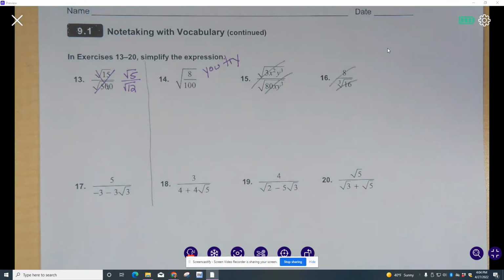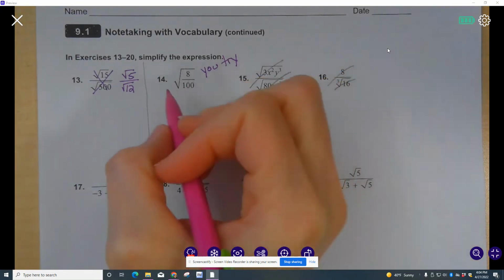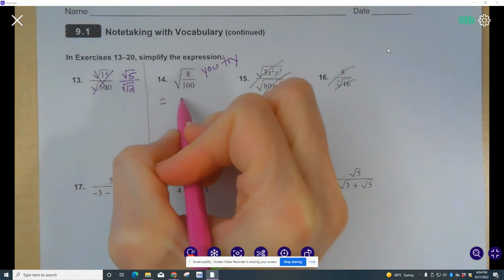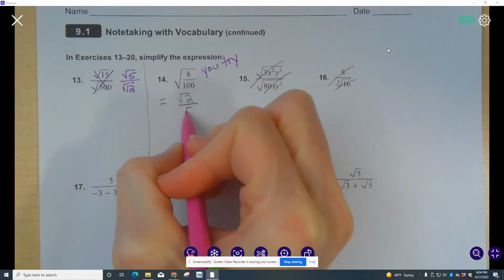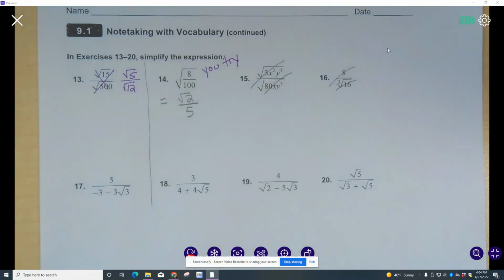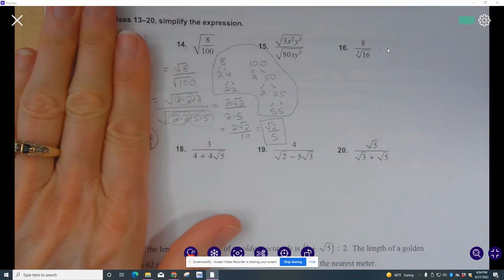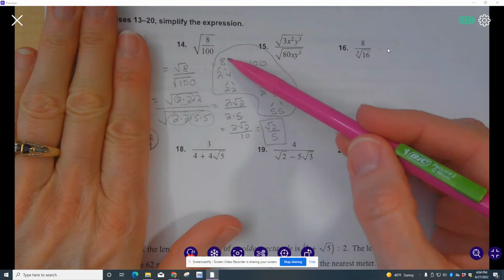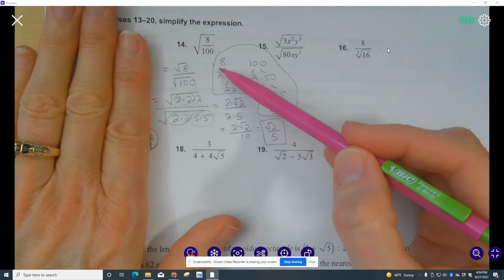Okay, so you should have paused the video and tried this problem. And what you should have gotten is the square root of 2 over 5. So I'm going to show you with a little magic here, my work very quickly. Here is my tree. So first I gave them their own jails. Here's my tree for 8.